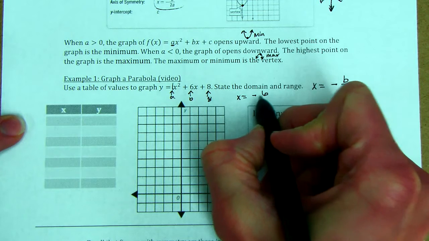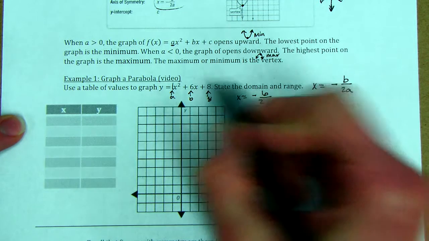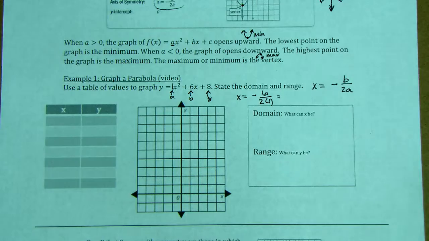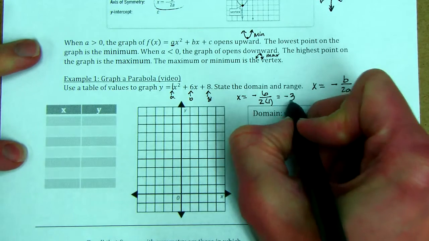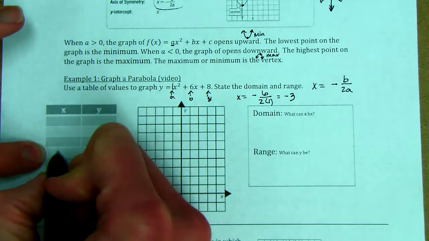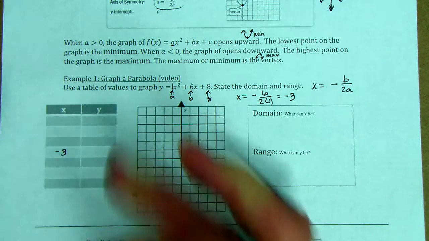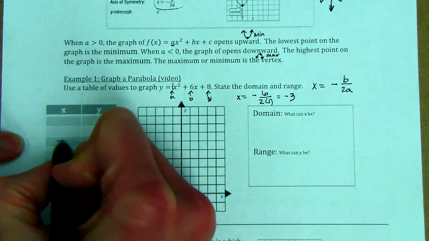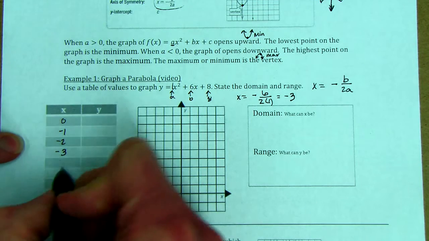So negative 6 over 2, or negative 3. So I'm going to go ahead and plug that in my center, because that's my vertex. Everything goes on either side of that. I'm going to go smaller, so negative 2, negative 1, 0, and I'm going to go ahead and do negative 4, negative 5, negative 6, and see if I can get them all on there.